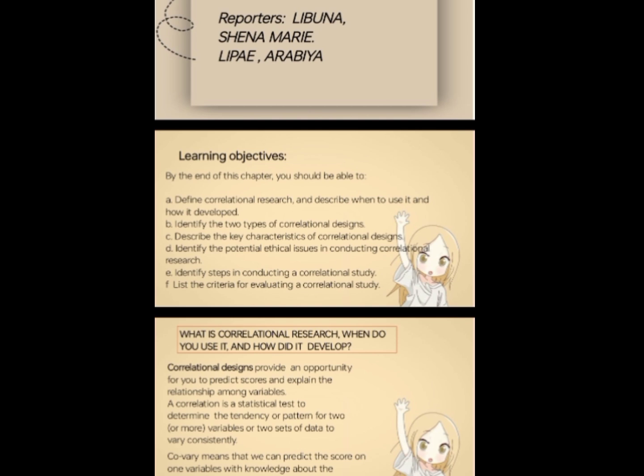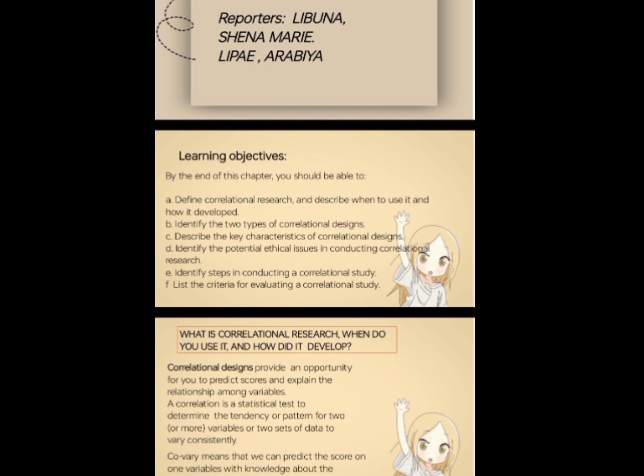Covary means that we can predict the score on one variable with knowledge about the individual score on another variable. So, correlational research designs allow researchers to examine the relationship between variables without necessarily implying causation.